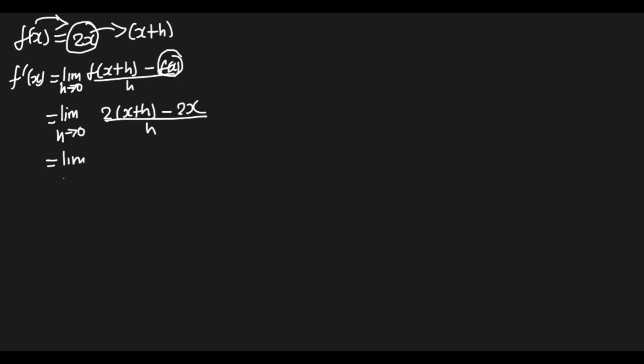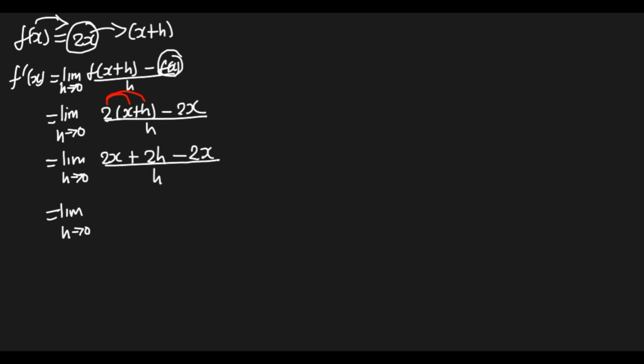So let's see what we can simplify from here. We are going to use algebra to expand. So 2 multiplied by x, and the second one by h, and we know that 2 times x gives us 2x, plus 2 times h gives us 2h, minus 2x, over h. Then from there we can collect the like terms.